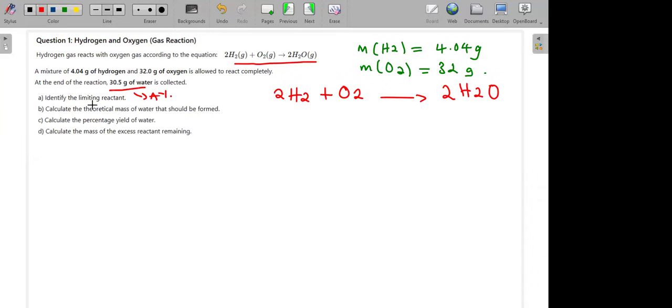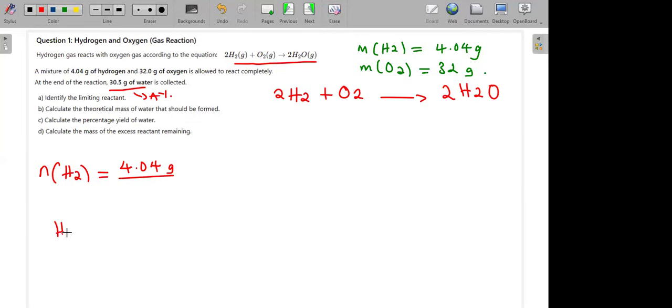Okay, so now to identify the limiting reactant, we need to convert these masses for the hydrogen and for the oxygen into moles, and then we compare them with the mole ratio that we have. So moles of the hydrogen gas will just be equal to that mass, which is 4.04 grams, divided by the molar mass of hydrogen gas.